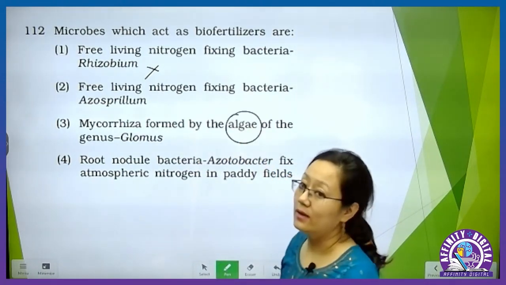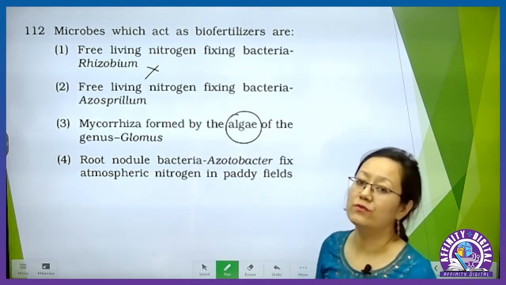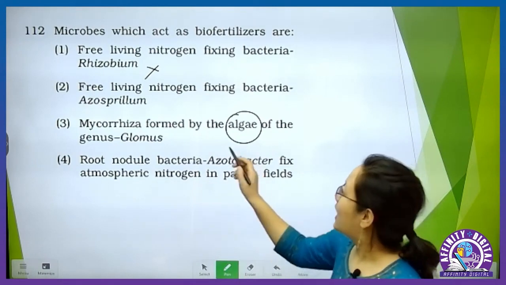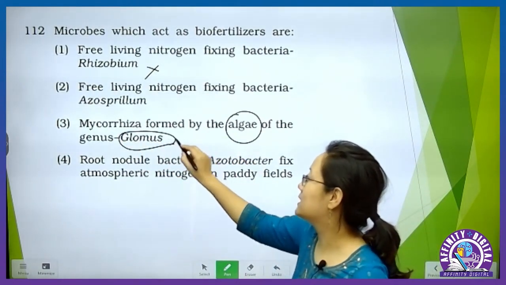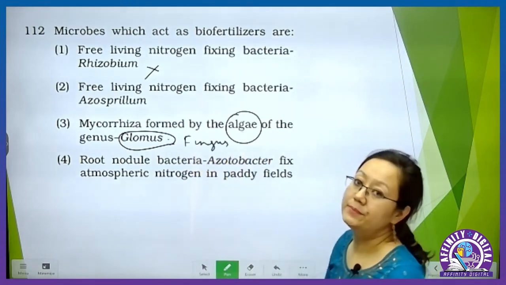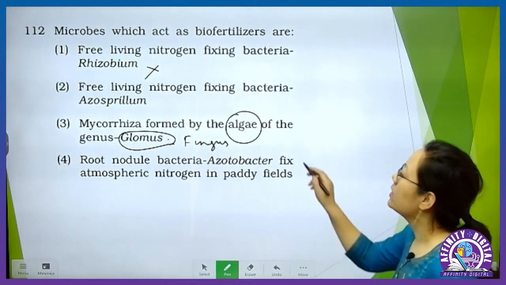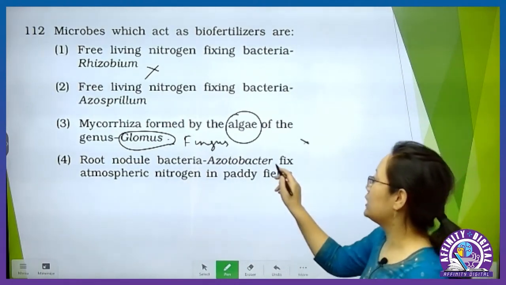Mycorrhiza is a symbiotic association between fungus and roots of higher plants. This genus is given in the Microbes in Human Welfare chapter. This is actually a fungus, but here it is given as algae.